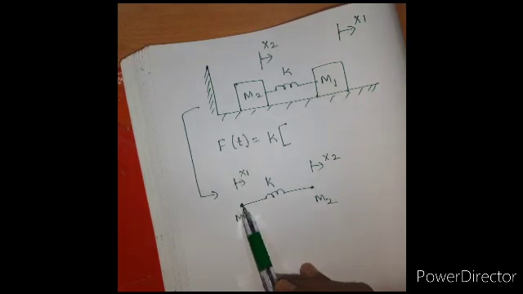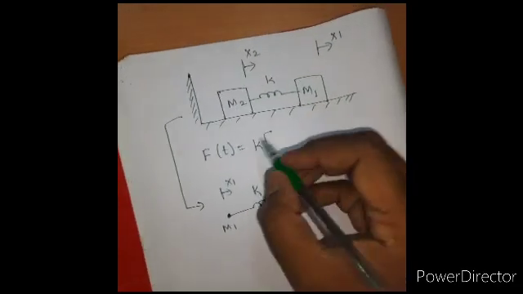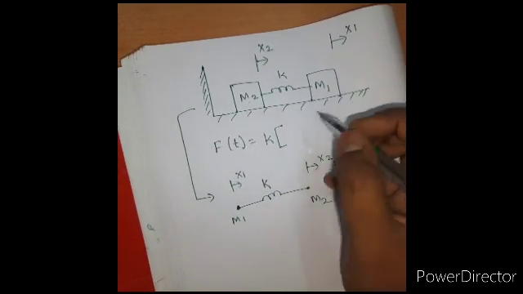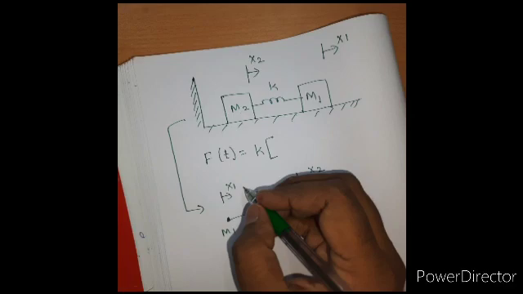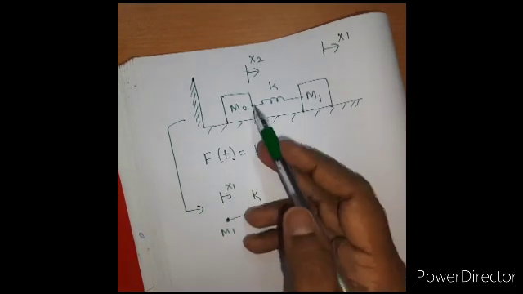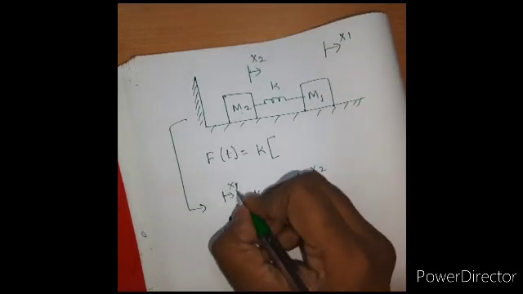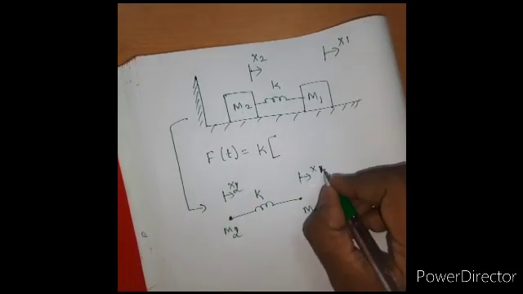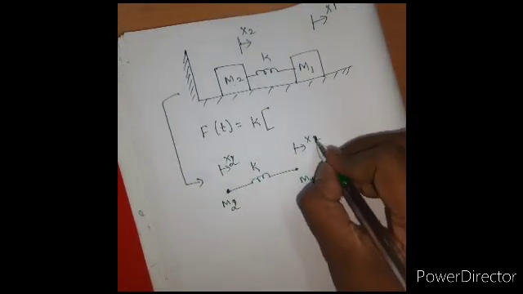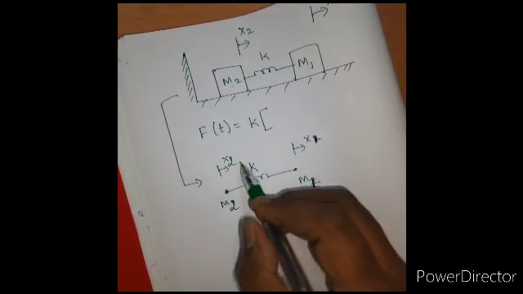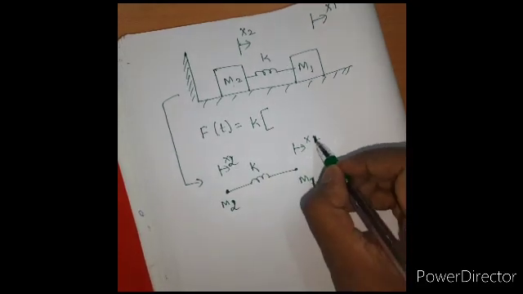Okay, now you write the expression for this. F of t is equal to k into, which is coming out first? Just an adjustment. By mistake I have written like this. So mass m1 is here, mass m2 is here, the equivalent circuit. This is x2, this is x1.